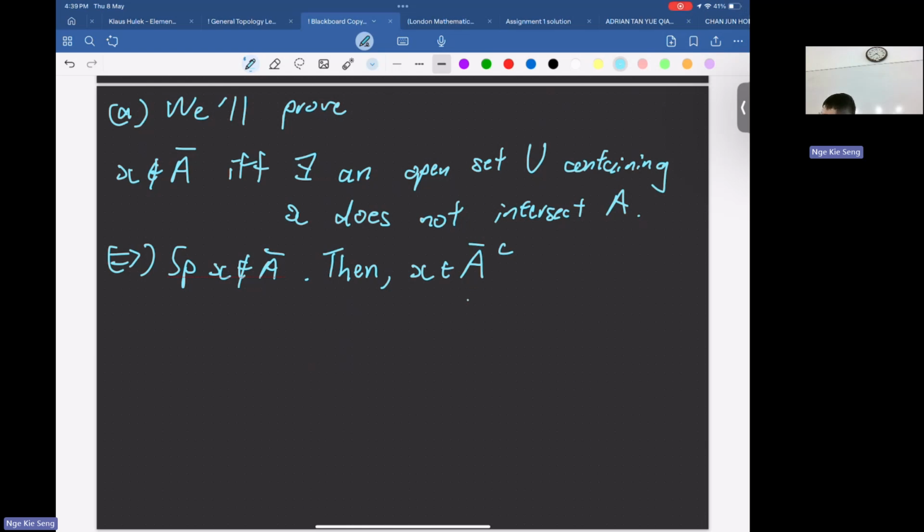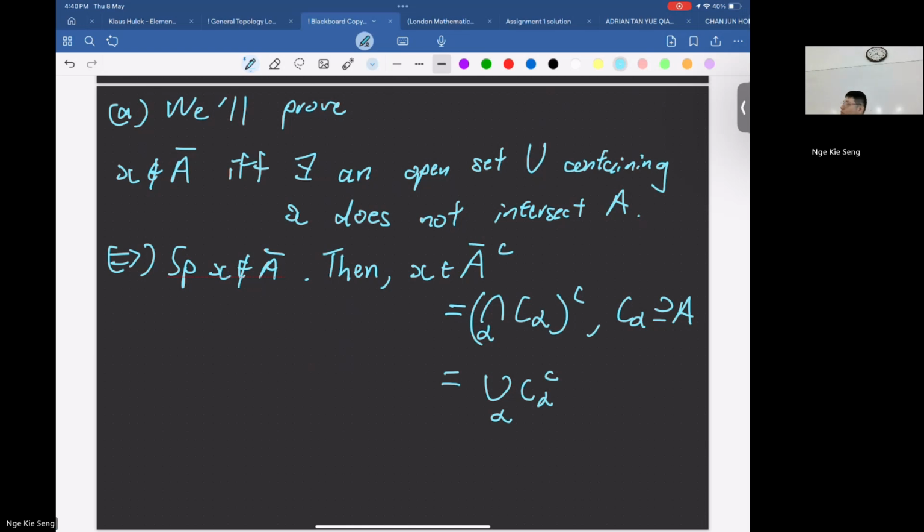Just now we defined what A bar is. It's just the intersection of all the C alpha such that C alpha contains A. Then the complement is the union over alpha of C alpha complement.